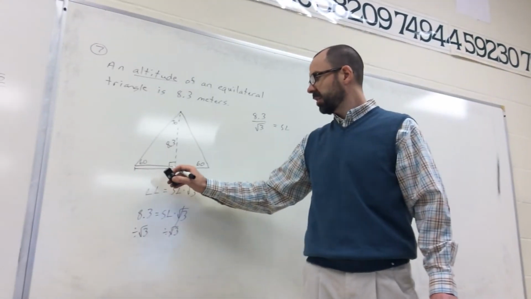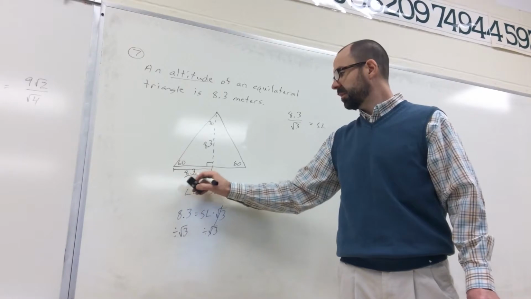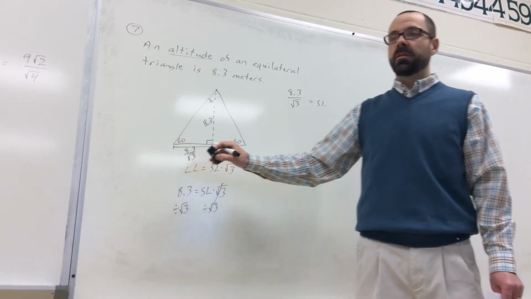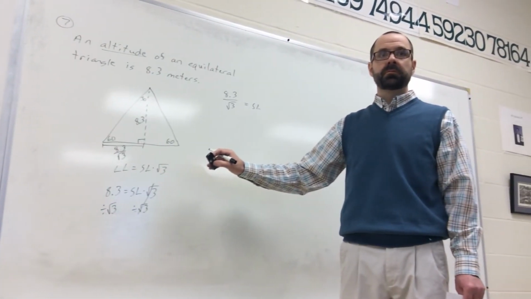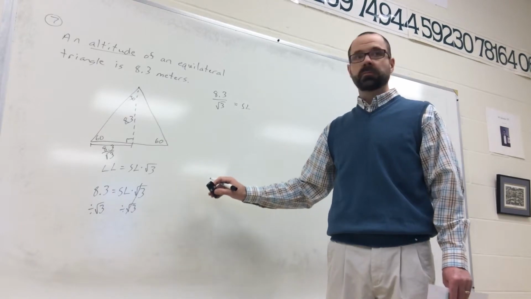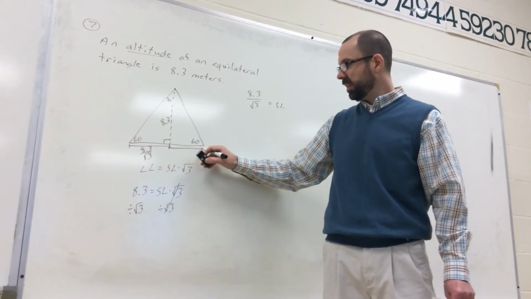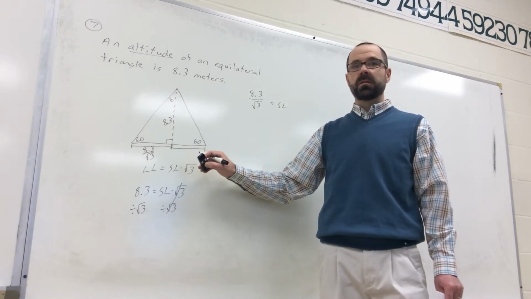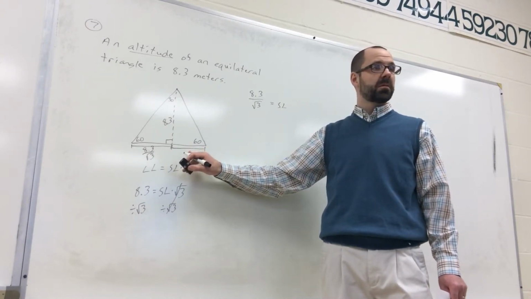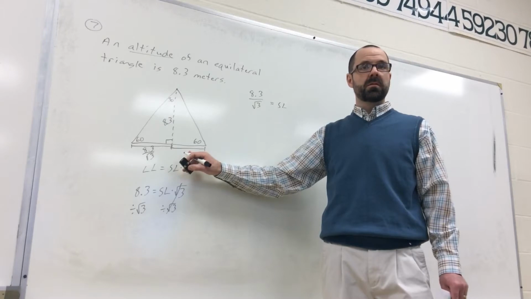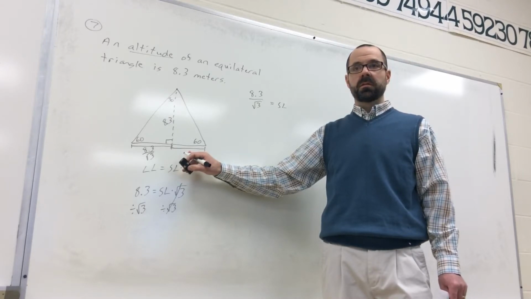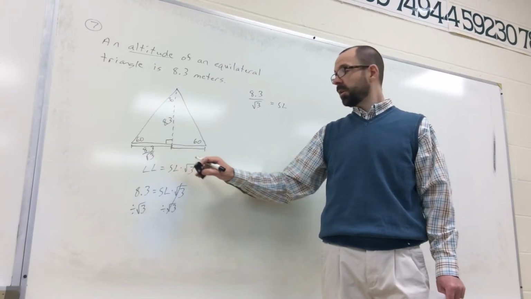Okay, so that means this right here, the distance here, is 8.3 divided by square root of 3. So then how far is it from here to here? Yeah, 8.3 divided by the square root of 3 times 2.